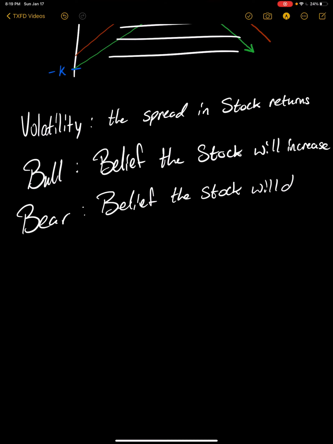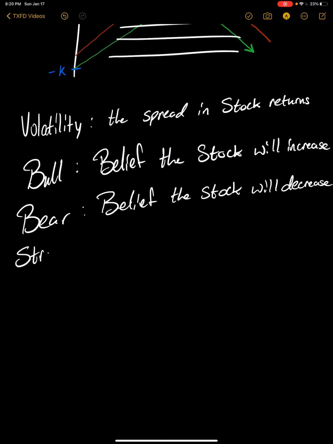And that's where you get those two terms, bearish and bullish. The bullish person believes the market's going to increase, or the stock's going to increase. The bearish person believes that it's going to decrease. And so the bullish person will invest long in the market or in the stock. The bearish person will invest short in the market or short in the stock.